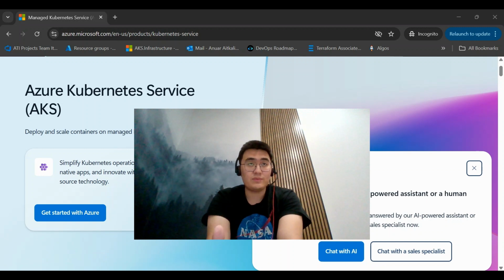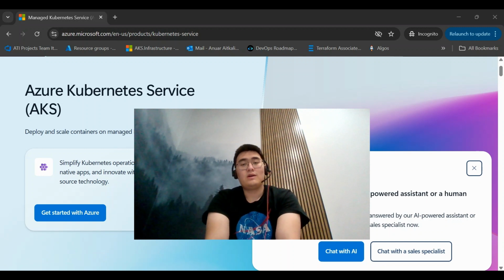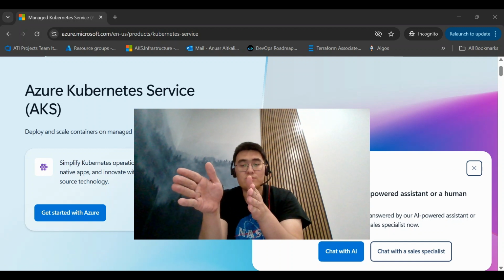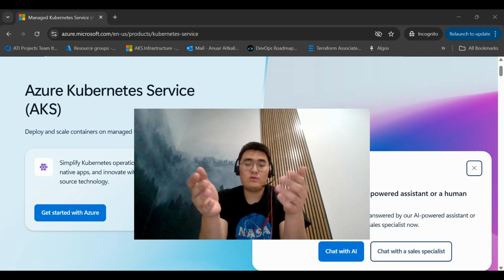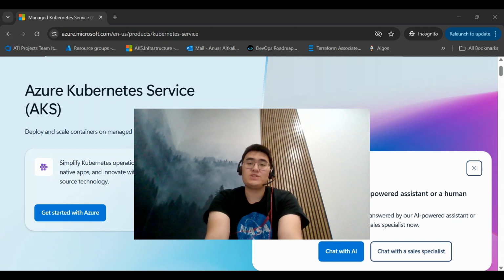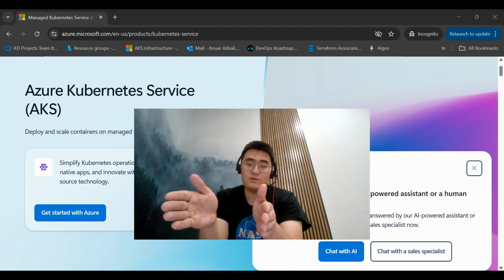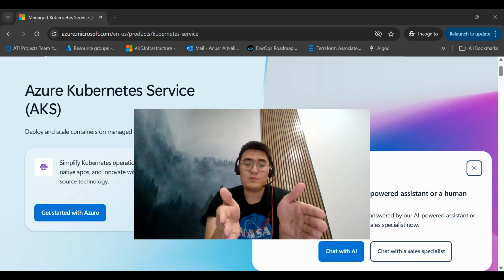And the next step to reduce it even more would be switching your nodes from normal type of nodes to spot nodes. If you don't know, nodes are pretty much the virtual machines Azure deploys Kubernetes to, and Azure provides two types of virtual machines. It's normal virtual machines and spot nodes, right?